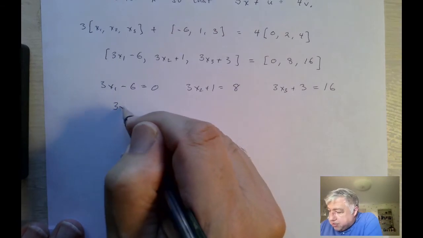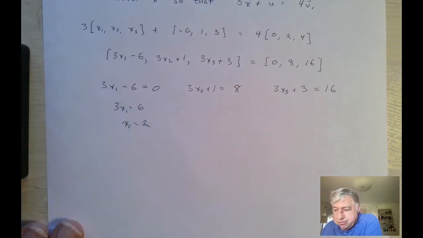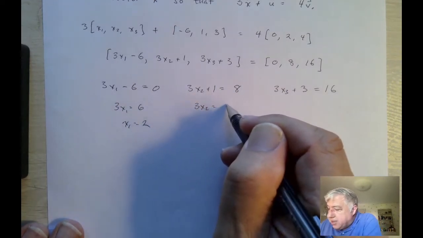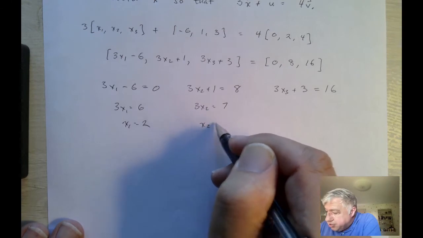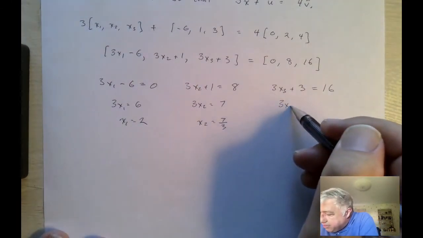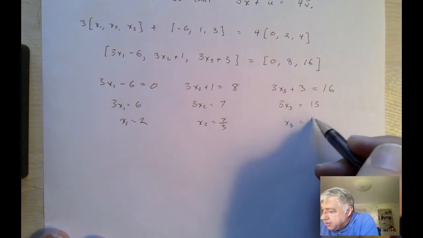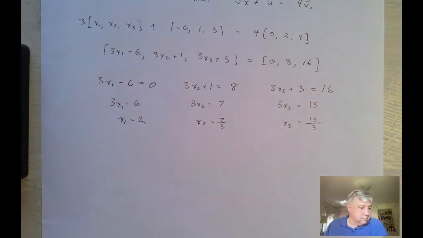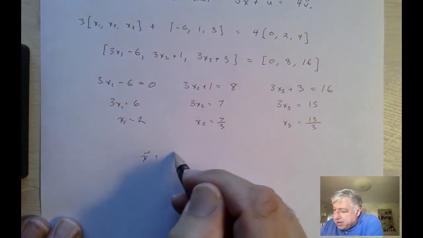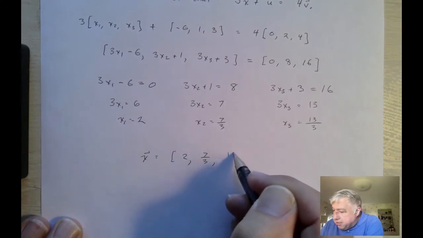The first gives us 3x1 is equal to 6, so x1 has to be 2. The second is 3x2 is 8 minus 1, that's 7, so x2 is 7/3. And 3x3 equals 13, so x3 is 13/3. So our solution, our vector x, is 2, 7/3, 13/3.